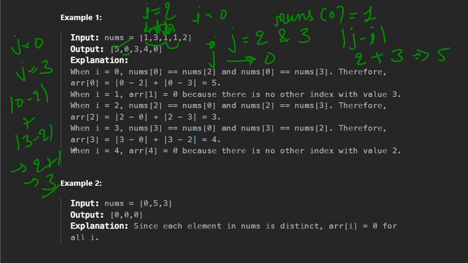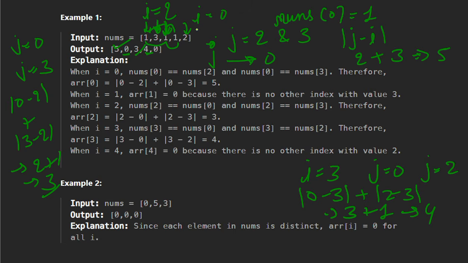So the answer is 3. So we have stored 3 here. Then when i is equal to 3, the possible values of j are 0 and 2. So again j minus i, it's 3 plus 1, answer is 4.